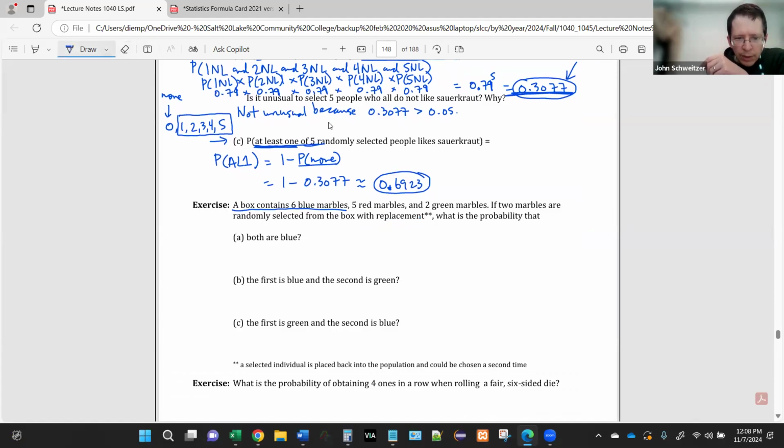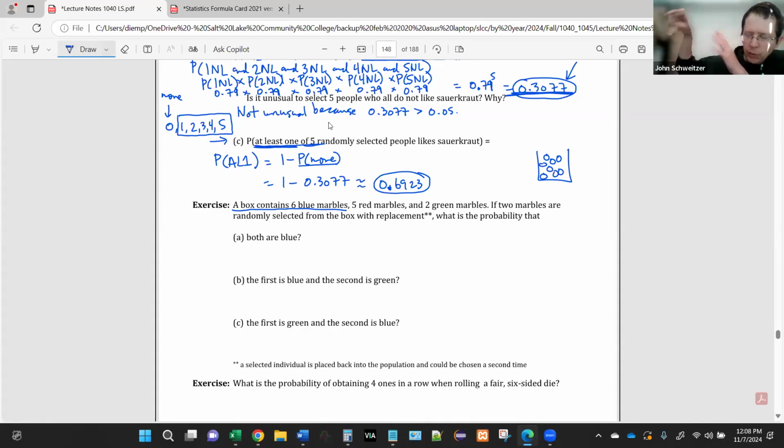With replacement means a selected individual is placed back into the population and can be chosen a second time. So the scenario is, we've got this box with all these marbles of different colors. You reach into the box without looking, choose a marble, and note the color. Say you get a blue one. Then you put the marble back in and shake the box again so it's all nice and mixed up.